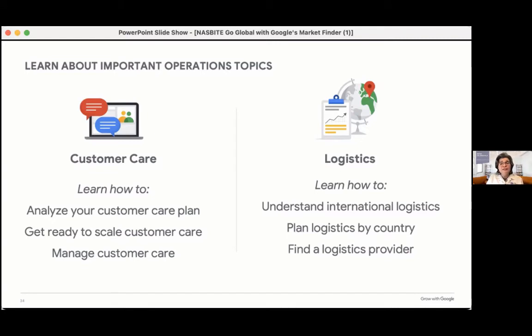Now, logistics also get more complex once you start exporting. Getting the products there is one thing, distributing there is different. Plan how to get the goods into your customers' hands effectively and how to handle returns and complaints. Again, you might want to consider working with a local logistics company that can help you navigate the regulatory process, the transportation, and other requirements.